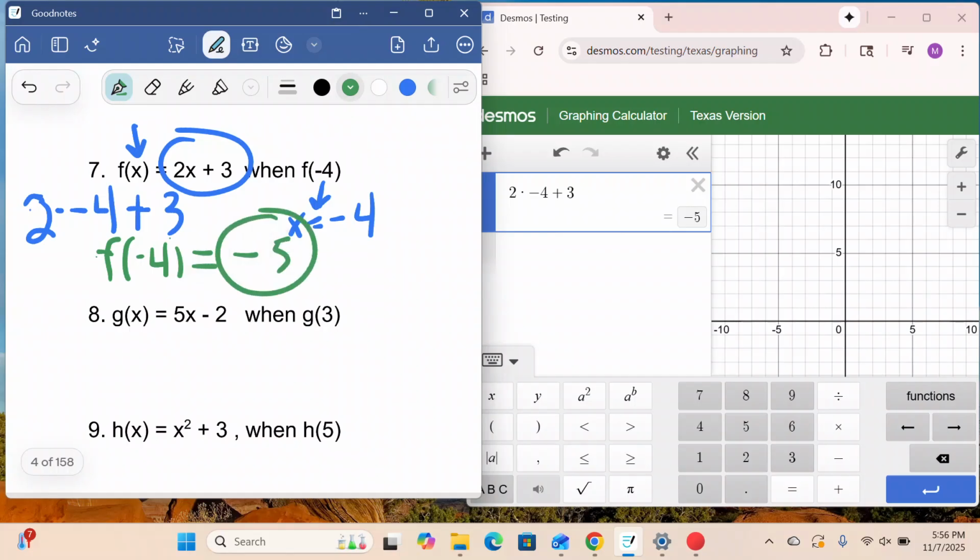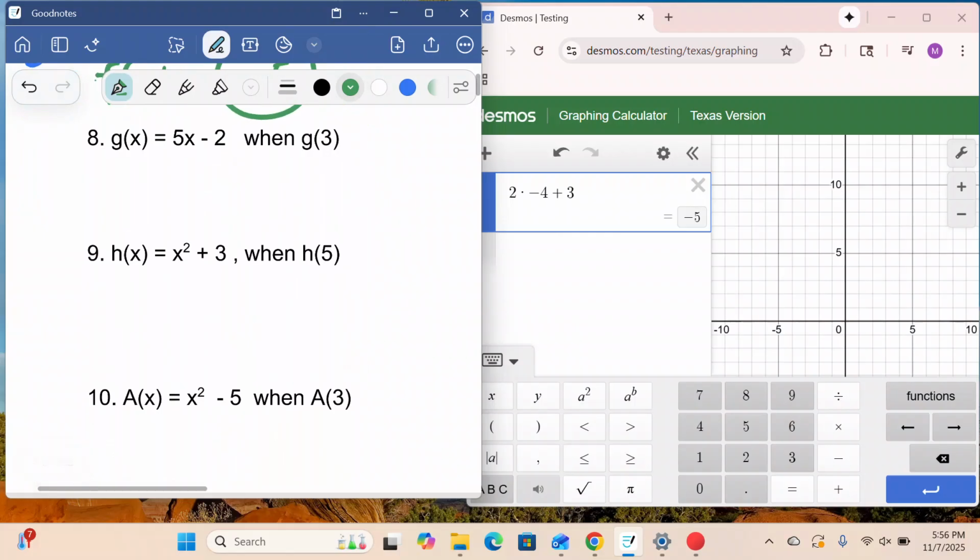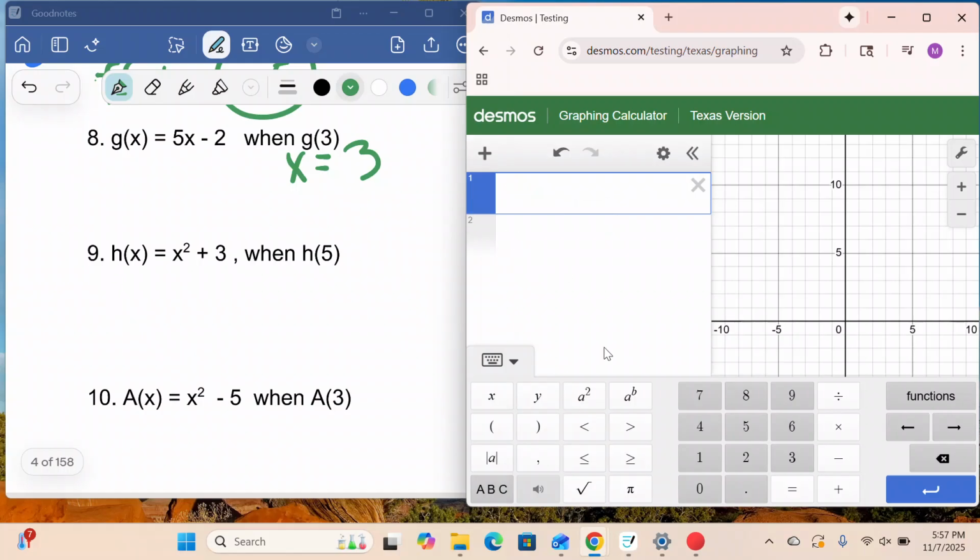So what we got to see is that Desmos does everything for us. So if we look at problem number 8, we're going to look at g of x is equal to 5 times x minus 2. So right here, we know the value of x is equal to 3. So all we're going to do is plug it into our Desmos. We're going to say 5 times, what is the value of x?